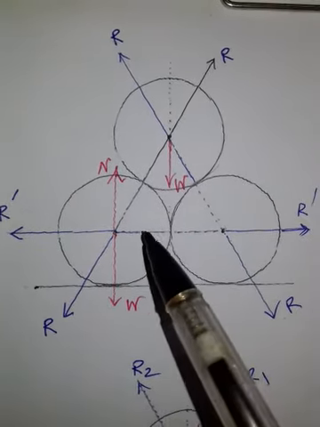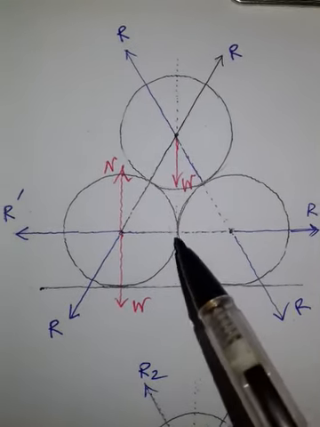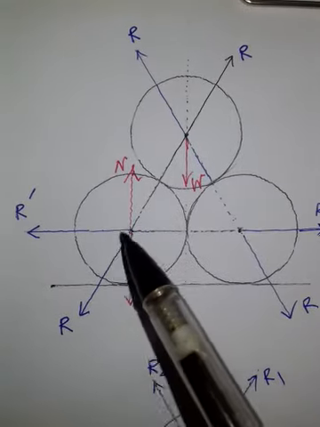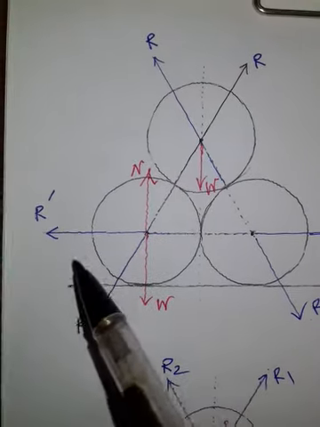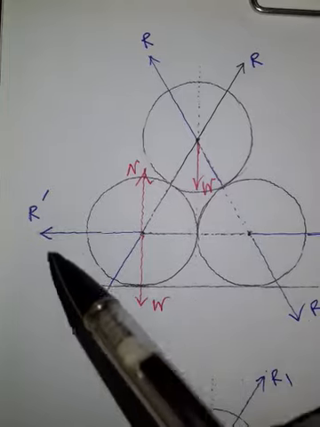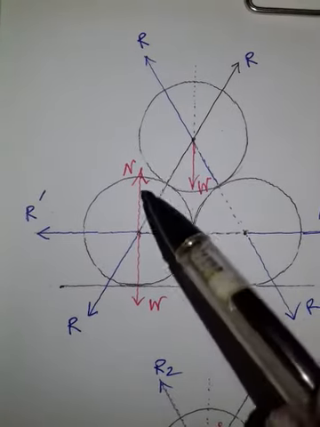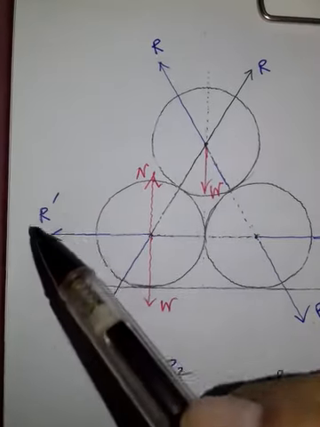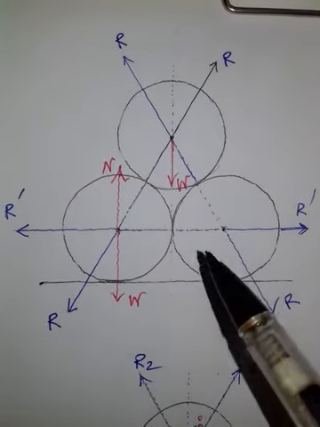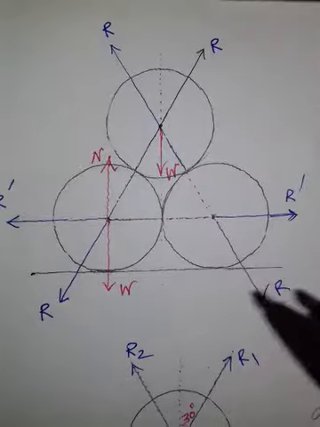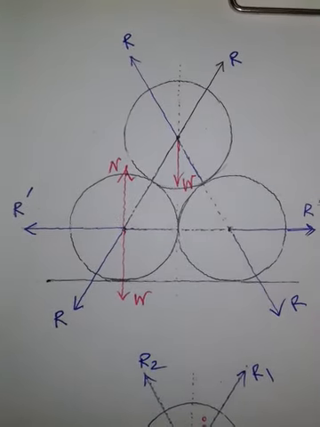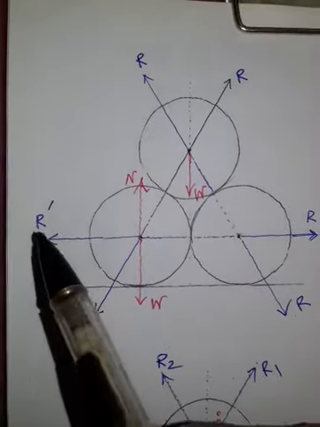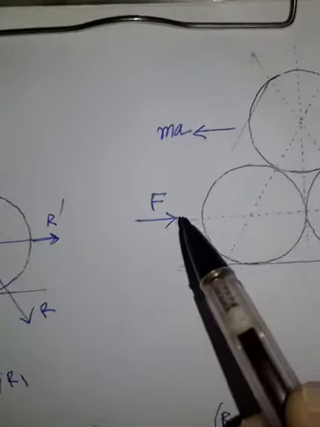As initially these two cylinders are in contact, the reaction force from this right cylinder to this left one will be R prime. Due to these two forces, R prime and R, this left cylinder will move leftward, and as a result the system will collapse. So to make this system stable, we have to apply a horizontal force F.